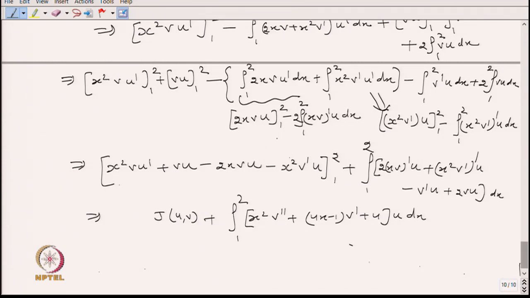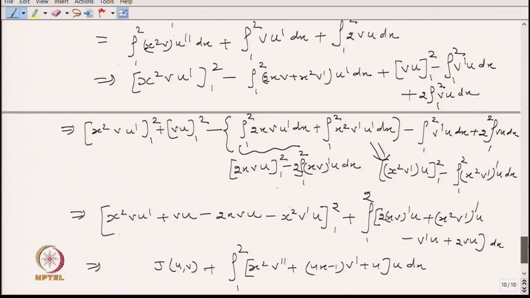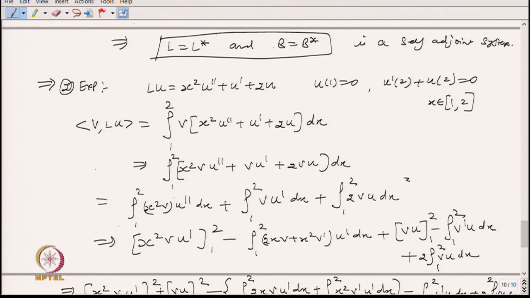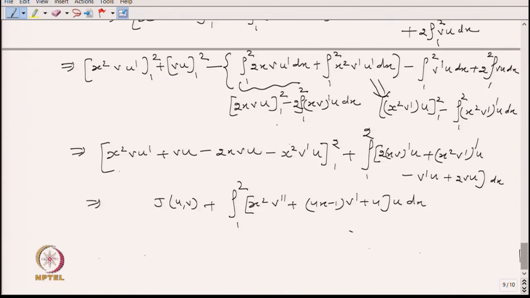Now, what is the value of J of u, v? If I have the boundary condition, my u1 is 0 and u2 is this one. From here I can write that u dash 2 will be minus u2. So, u1 is 0.